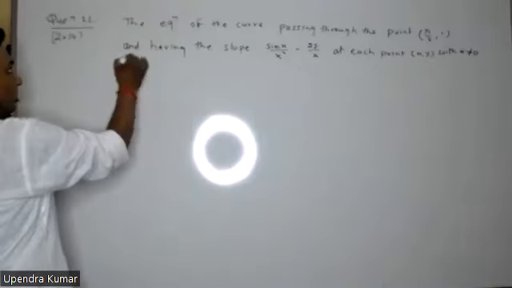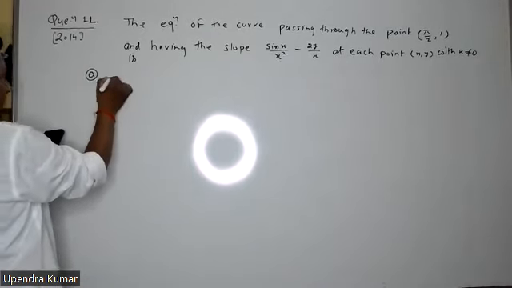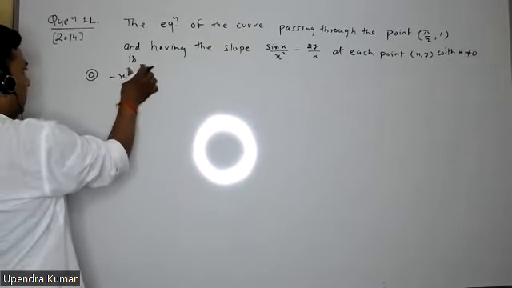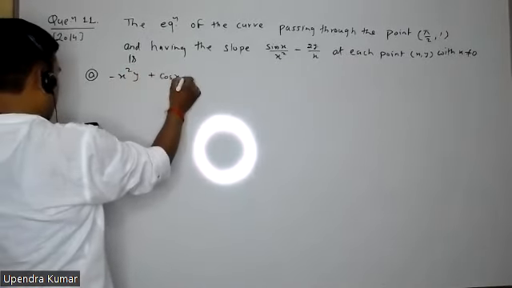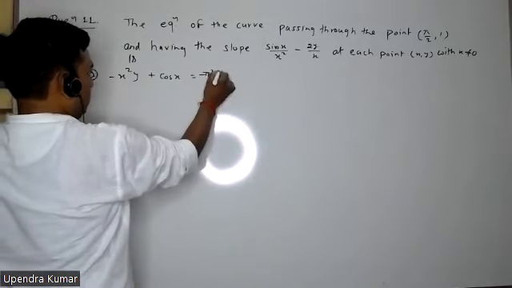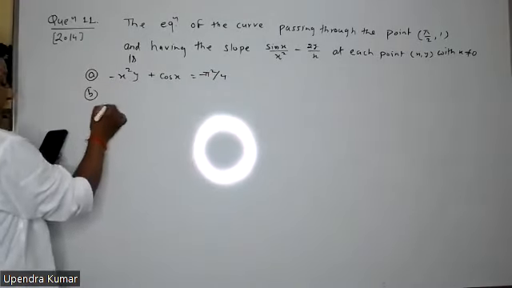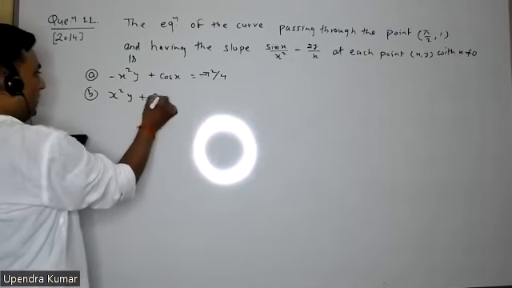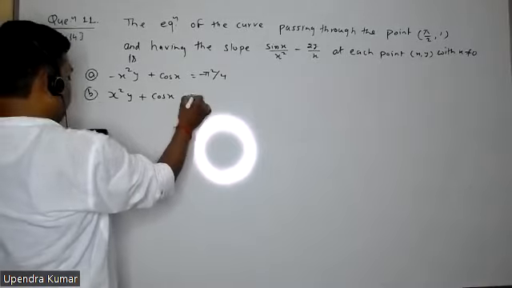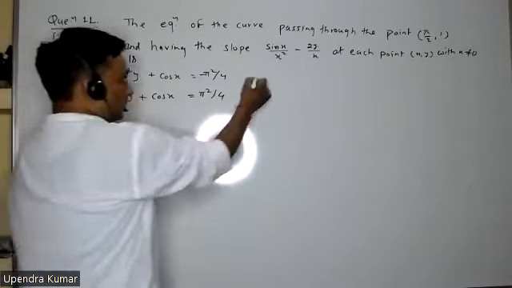Then they have asked, the equation of the curve is: option A, minus x square y plus cos x equals minus pi square by 4. Option B is x square y plus cos x equals pi square by 4.